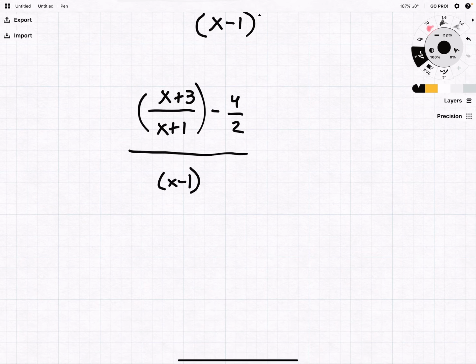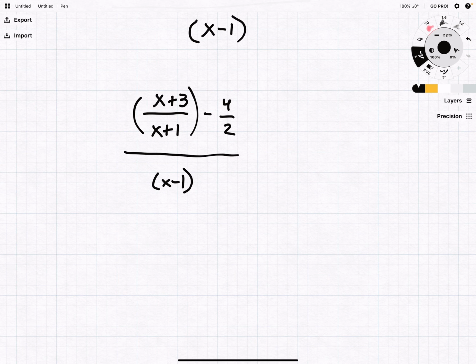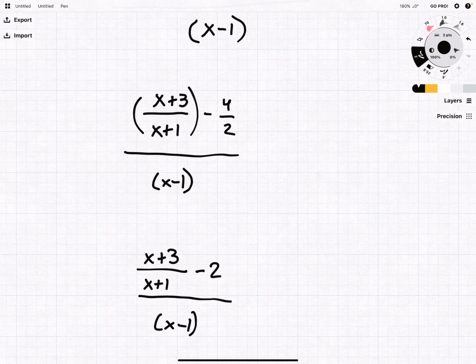Now, let's go ahead and simplify that to a 2. So we'll have (x plus 3) over (x plus 1) minus 2, all over x minus 1.